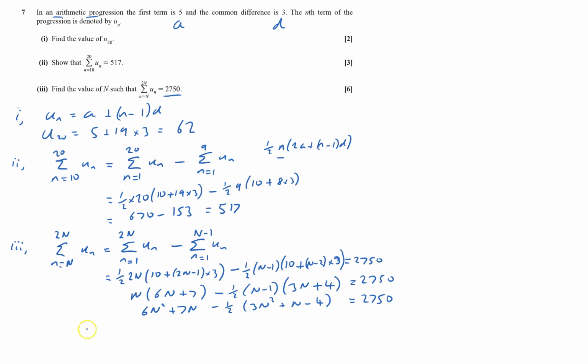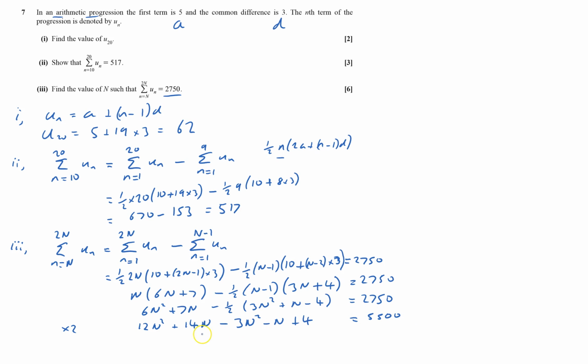I don't like the half in there, so I'm going to times everything by 2. I know it's a problem because I may forget to do something, but times everything by 2, that'll be 12n squared plus 14n minus all these bits. I'm going to take the brackets out at the same time, so it'll be minus 3n squared minus n plus 4, and that equals, don't forget to times it by 2, 5,500.